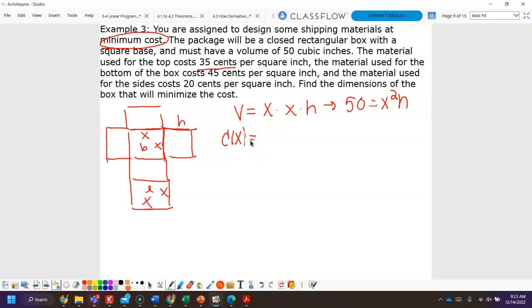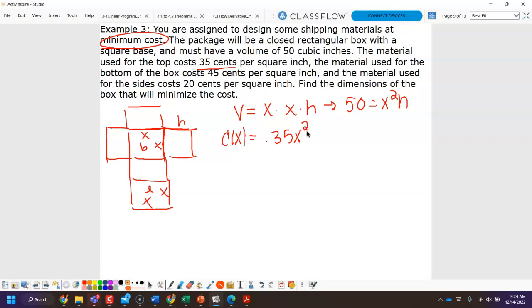So that's 0.35. How would you represent the top's area? What's the area of a square? Yeah, x squared. So the cost would be 0.35 x squared.